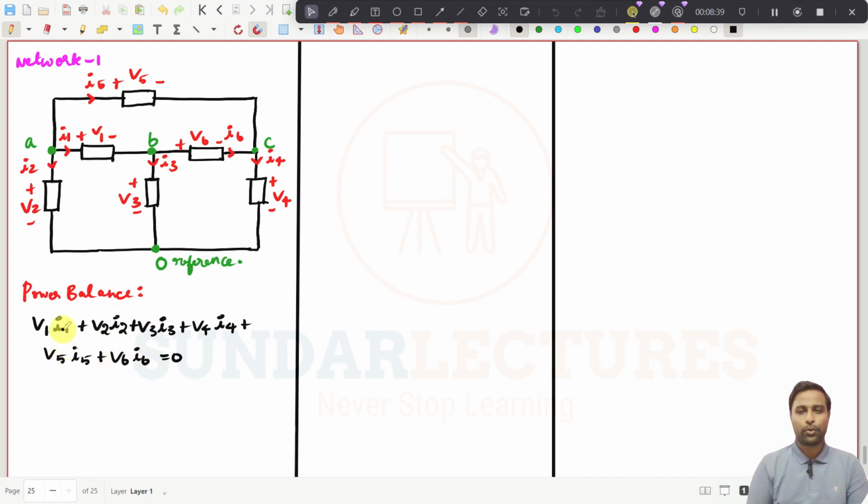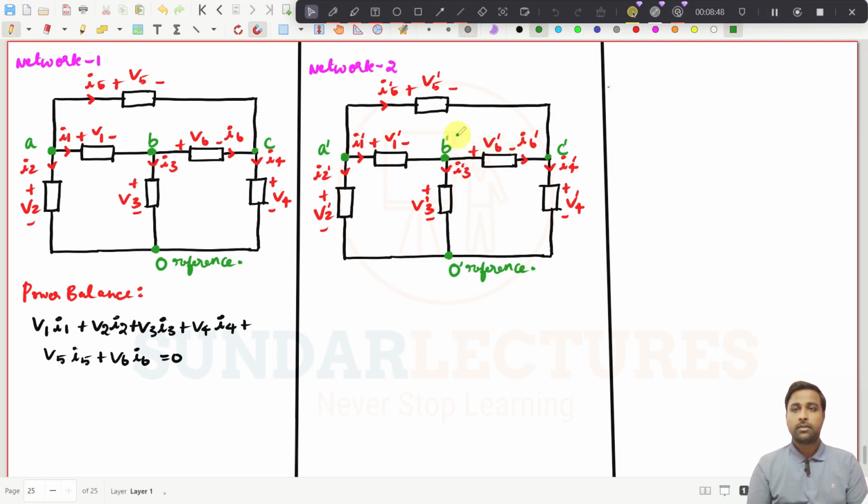And now what you do, take the network number 2. I'm just going to draw the network. See, I have taken the network number 2 and it is the same topology. Let us assume that the elements will be different. See, I have written it with different names. It is V2 dash and I2 dash, I1 dash, V1 dash.